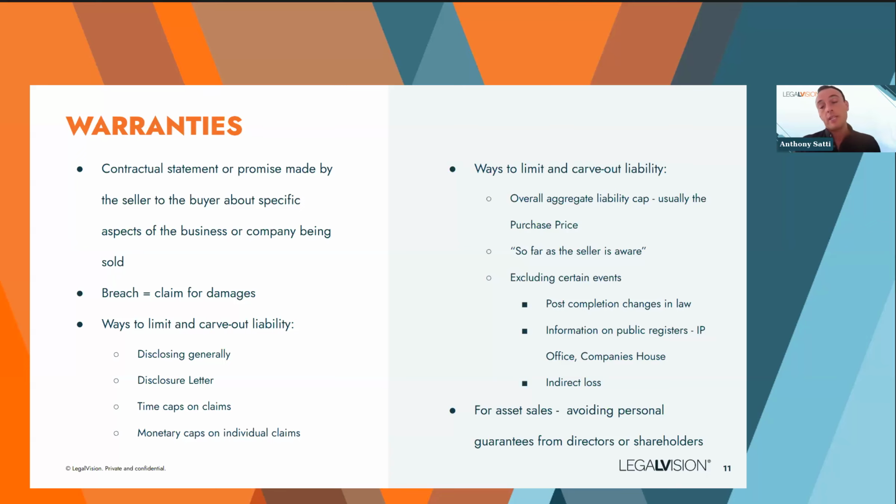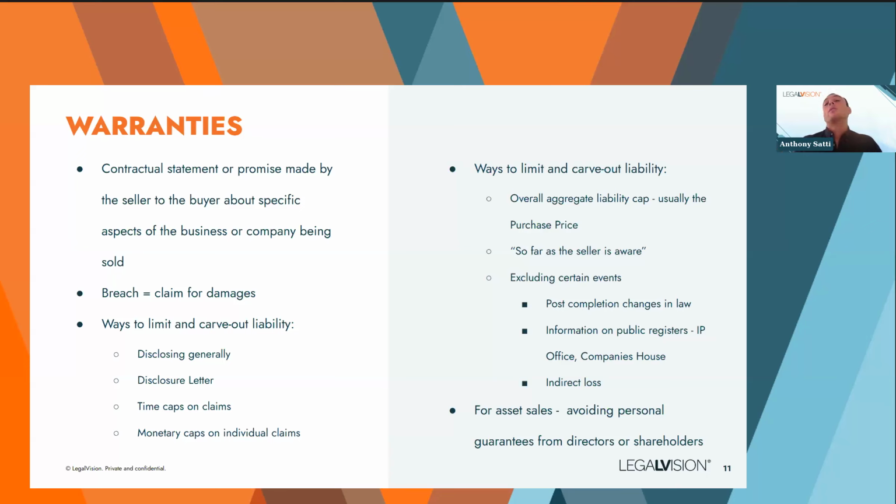Another way of limiting liability is around certain monetary caps on claims, so that the buyer isn't able to at least initiate a claim against you as a seller unless the claim exceeds £5,000, for example, and that amount will always change depending on how big the size of your deal is.